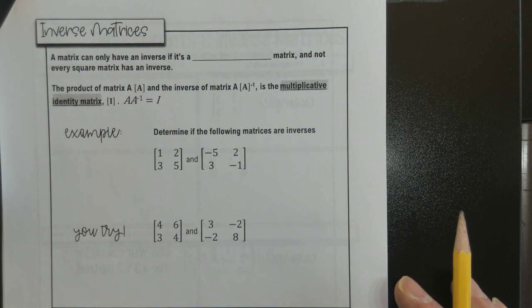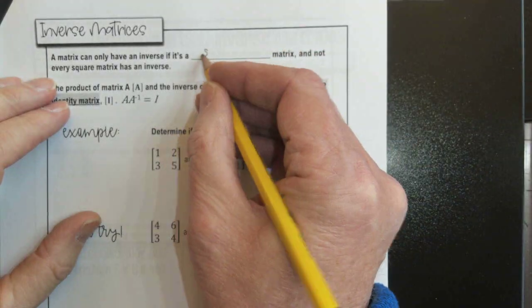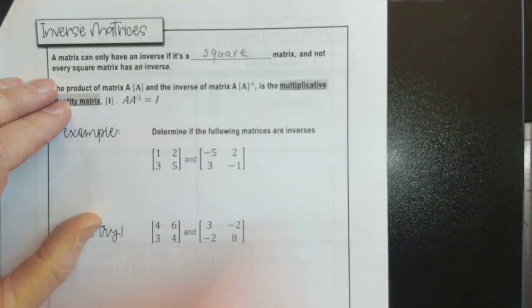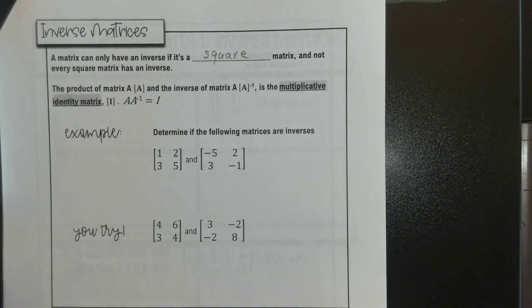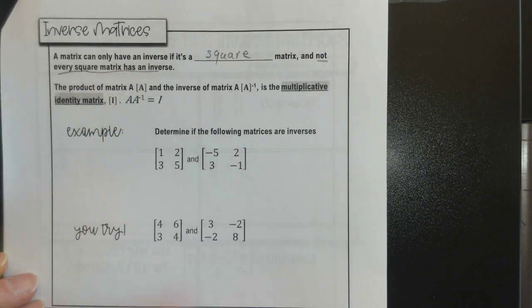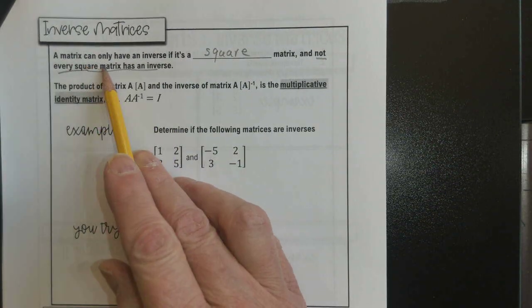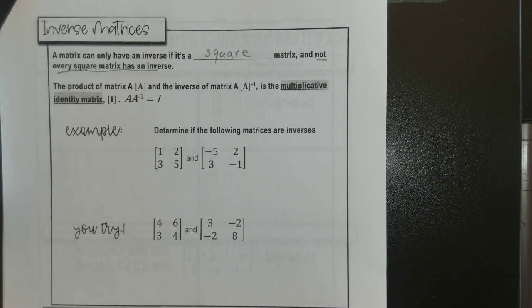All right? A matrix can only have an inverse if it's a square matrix. But not every square matrix has an inverse. Okay? Just because it is a square matrix doesn't mean it has an inverse.